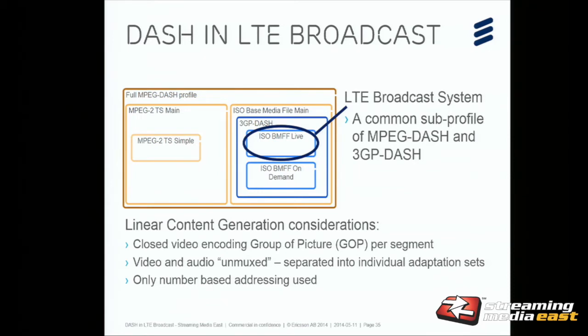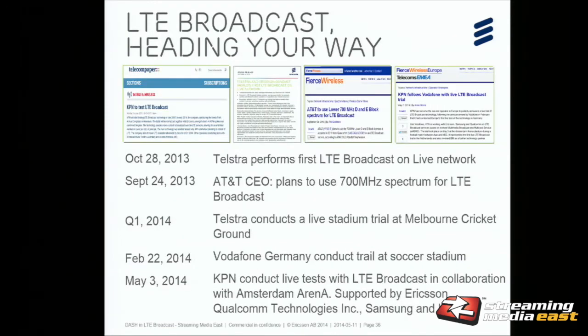The video is all encoded with closed GOPs, so a closed group of picture structure for every segment. The video and audio elements of the video service are unmultiplexed. They're separated into individual adaptation sets, and only number-based addressing is used. So essentially it's a subset, a sub-profile of MPEG-DASH and 3GP-DASH that's used for LTE Broadcast.